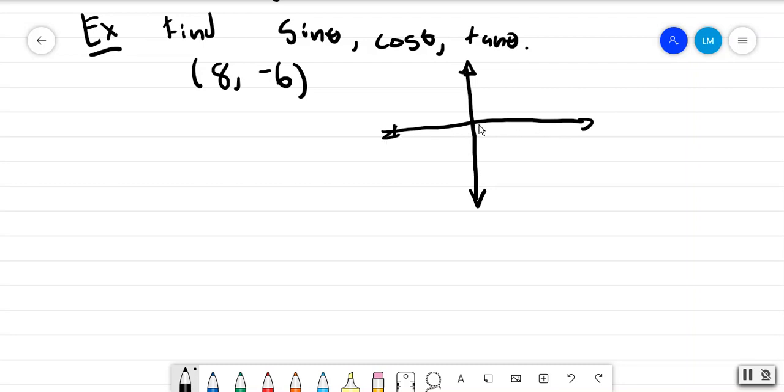So we have that 8, and then we do something like this. And this is definitely not to scale. So we have 8, -6. Now the angle that's forming, we didn't really talk about that. The angle that's forming right here looks something like this.